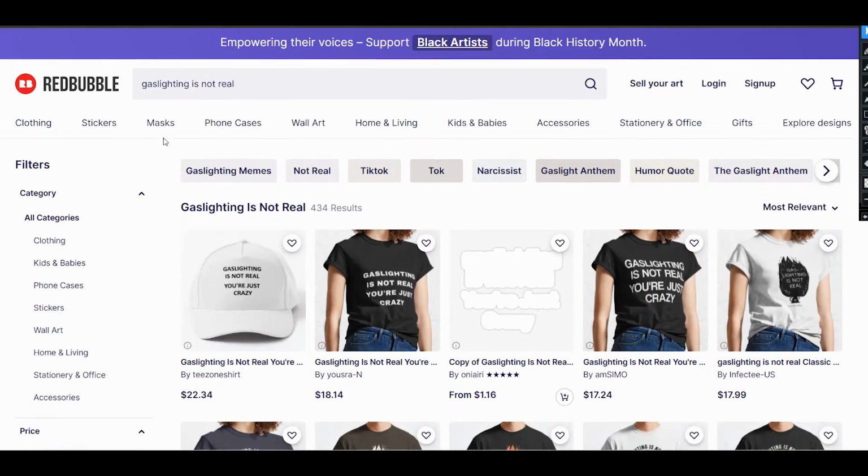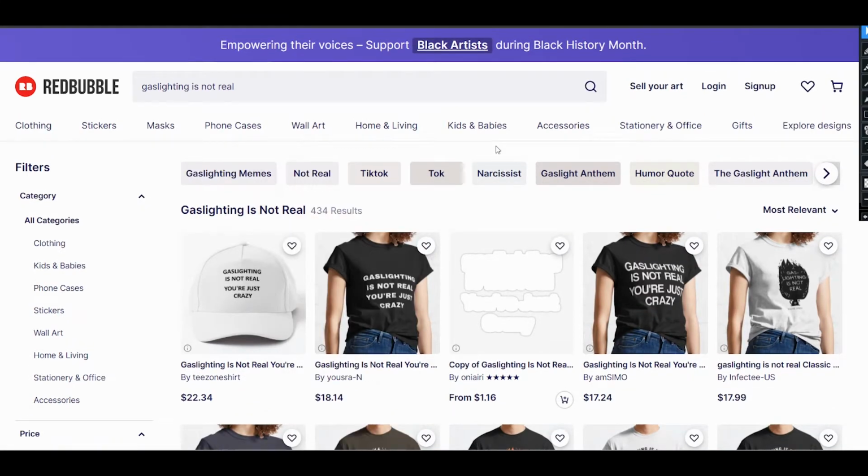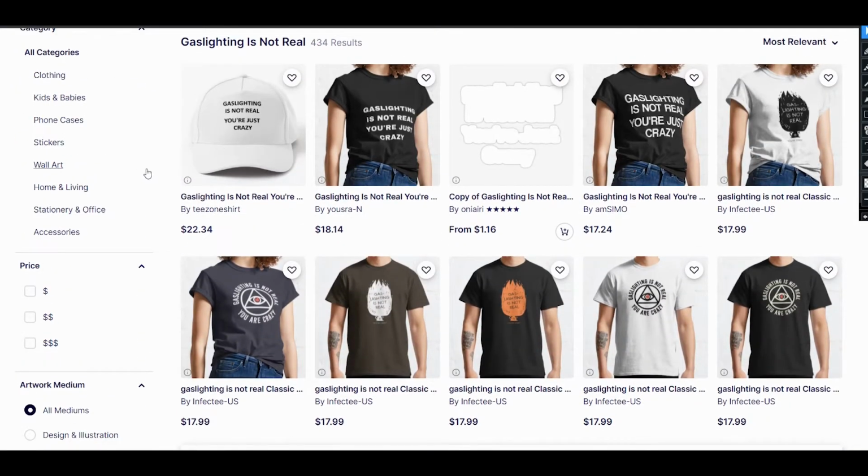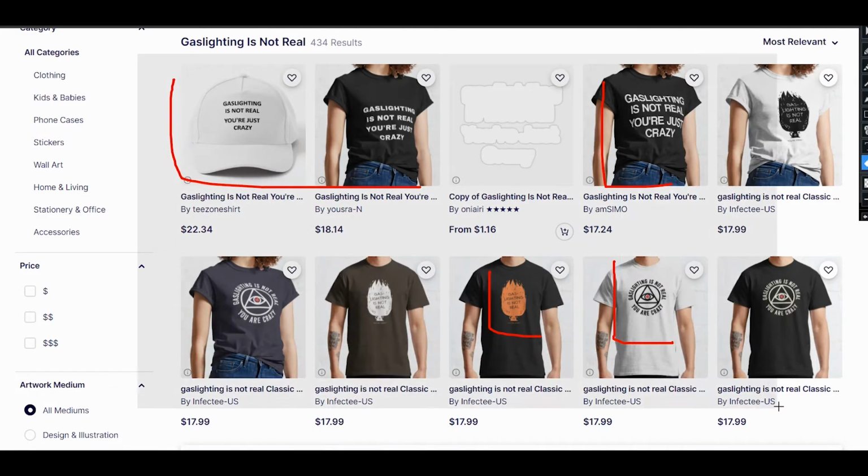And of course these funny phrase keywords, funny phrase designs, can bring really good sales, especially if you come with some good illustration, because as you can find in search results, there are a lot of simple text designs like here, and I think it's not the best idea, and some illustrations like here or like here with this flame element, they look really better.